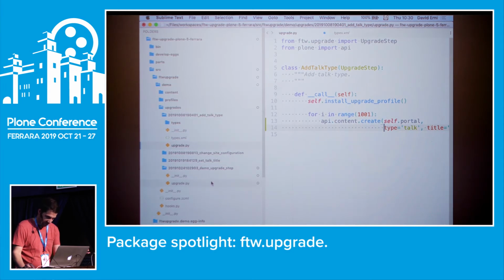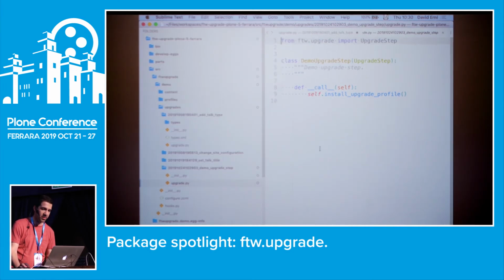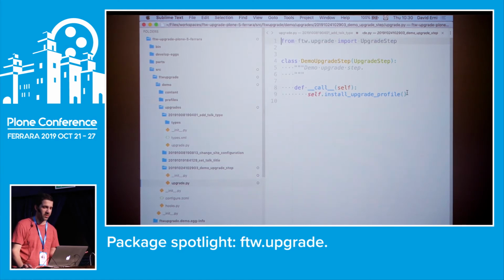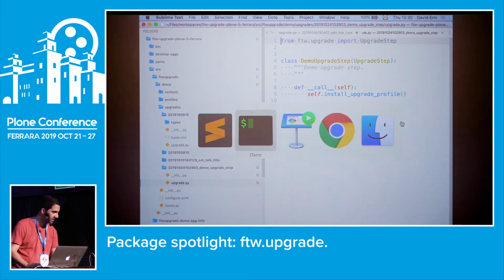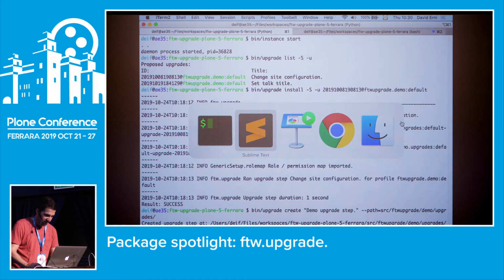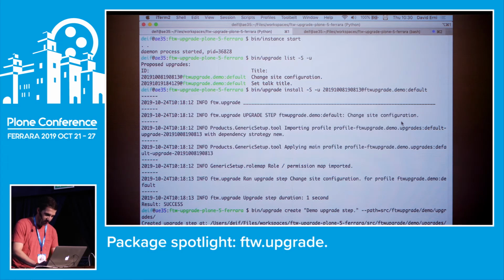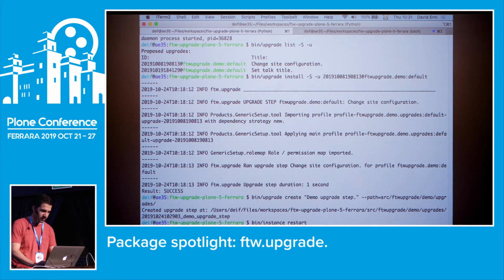So below you can also see my demo upgrade step, which I've just created, which is basically empty. It will just apply an empty profile. I'm not going to fill it out. There's not enough time for that. But instead, I'm just going to quickly restart the instance to reload the upgrade step I've just created.